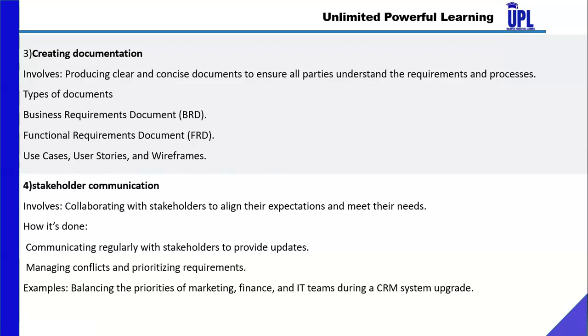Let's first talk about what stakeholders are, who all come under the stakeholders. The project manager can be a stakeholder, the sponsor can be a stakeholder, the development team can be a stakeholder, because we would be collaborating and talking with them.